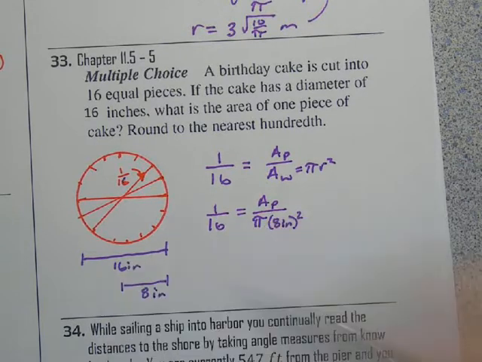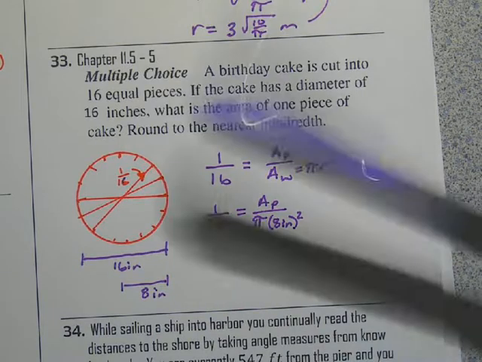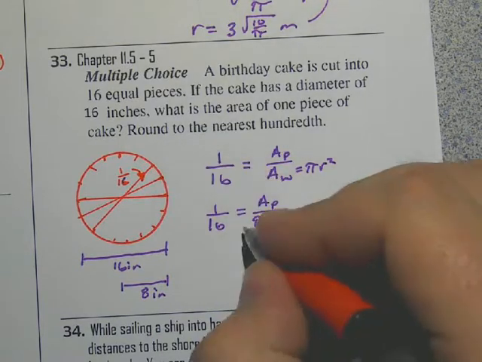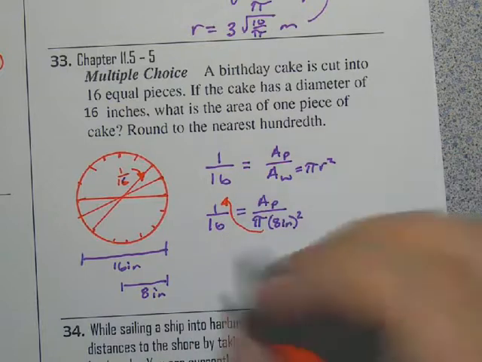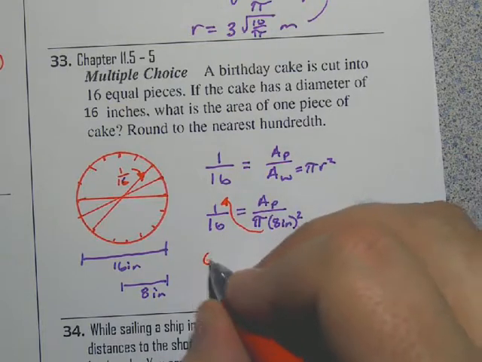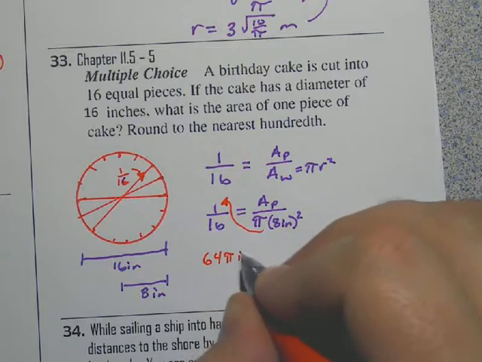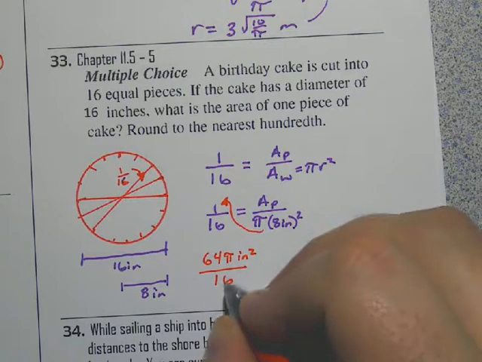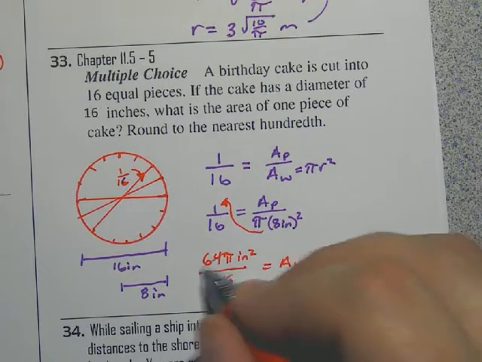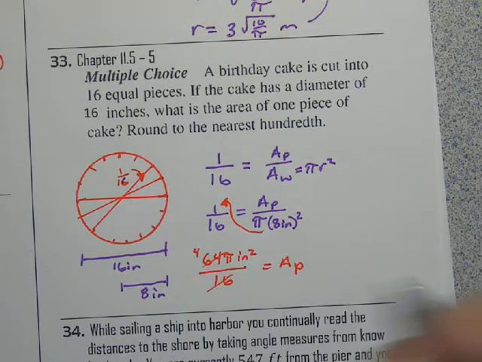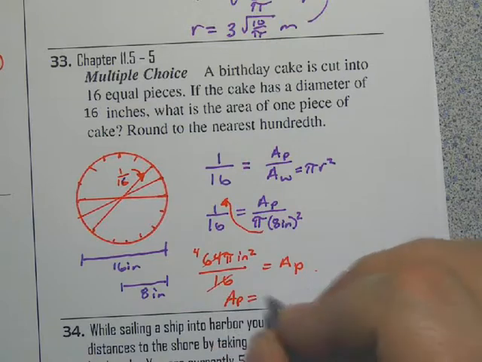Don't forget my units, inches. Okay, so I'm going to multiply both sides, and basically this is just going to end up moving up here. Okay, and I'm going to end up having 64 pi inches squared over 16 equals a, the partial area.